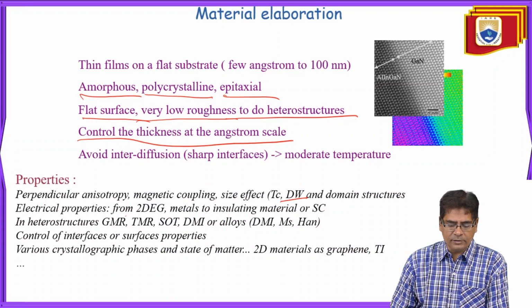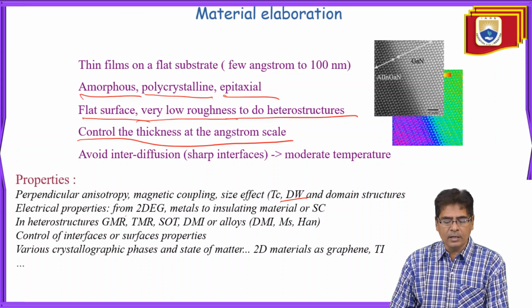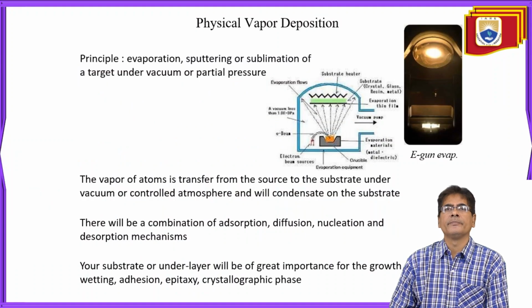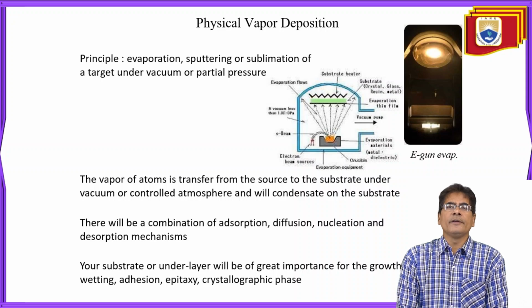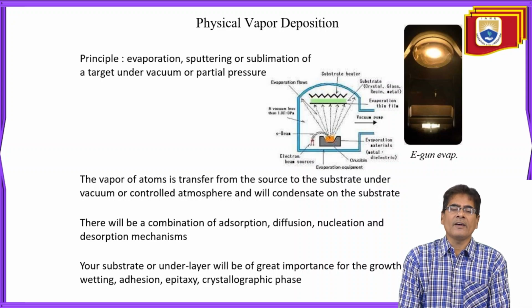And control of interfaces and surface properties, and various crystallographic phases and states of matter, that is 2D materials such as graphene and titanium. So in all this, we need to understand the basic fabrication method.